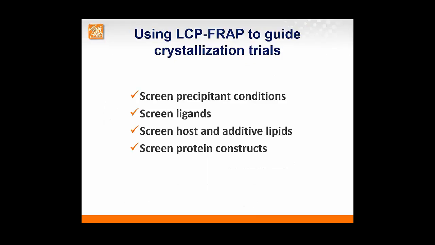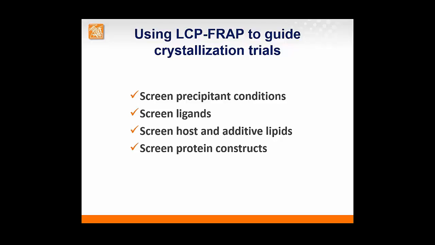So after that, we decided that we would use these assays for any new protein target, and we use them in different ways: to screen for precipitant conditions and select the most promising conditions for further optimization screens, and to remove those salts that are not conducive to protein diffusion. We screen for different ligands.